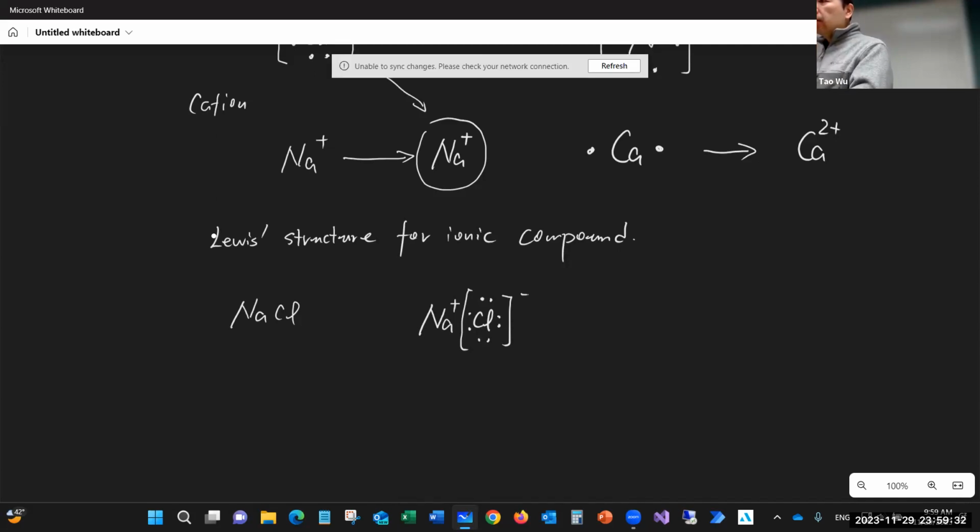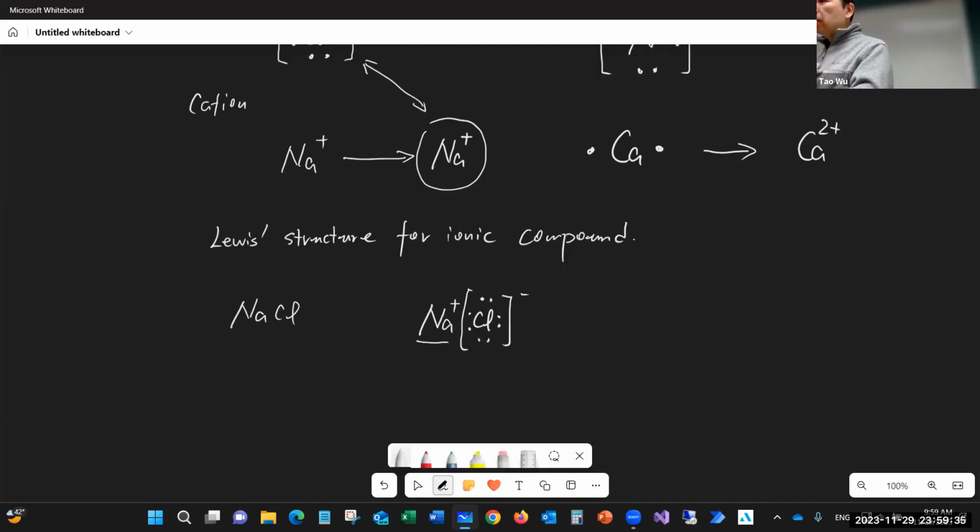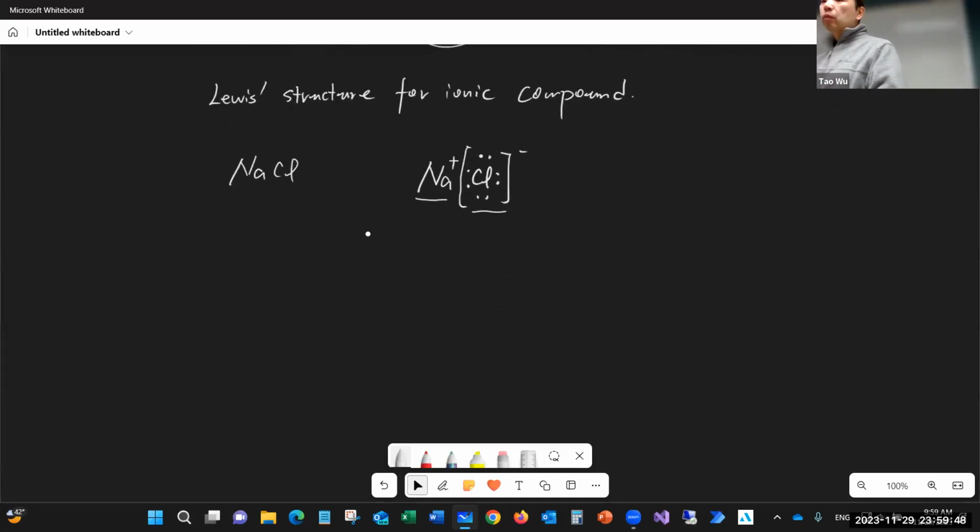And each of these has a charge. One has a positive charge, one has a negative charge. You have to show the charge. Okay. So now we're writing this with single elements, right? Each of those is a single element. How about if we write something more, for example calcium chloride, what are we going to do? Calcium chloride. In this case, we have three atoms over there, right? Two chlorides, one calcium. So again, when you write the Lewis structure for this one, you're still going to write the cations and anions.